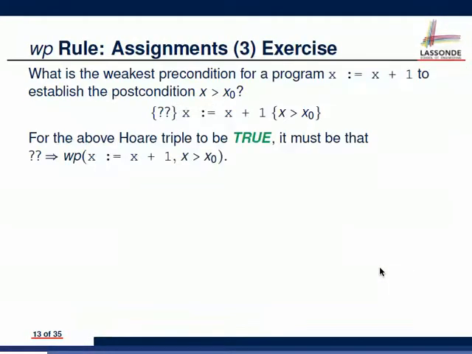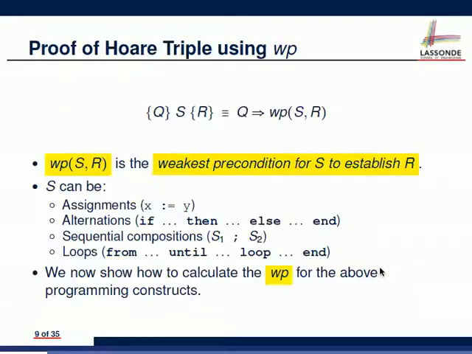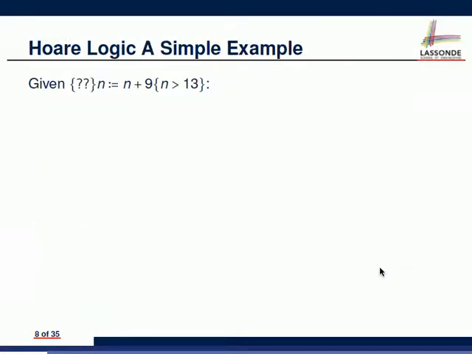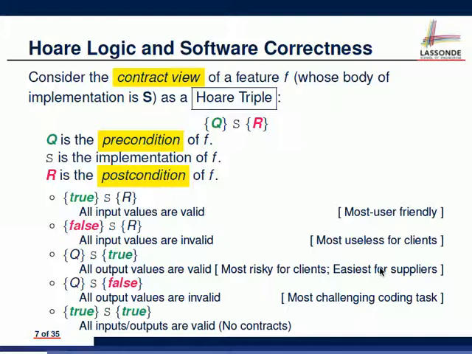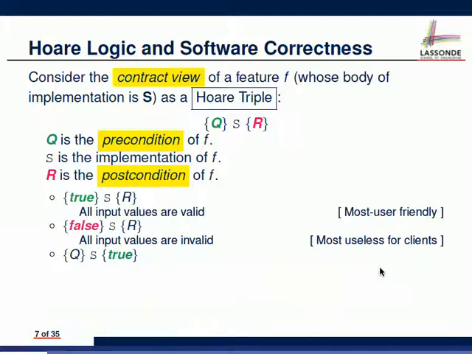If you remember this slide over here, where I talk about different possibilities for the pre and postconditions. Now if you look at bullet point number 2, when we have the precondition being false, that's exactly the situation you're talking about. That means the clients will never get a chance to use the feature, so we'll never be able to tell if the program is incorrect. Well, that means it's always correct.